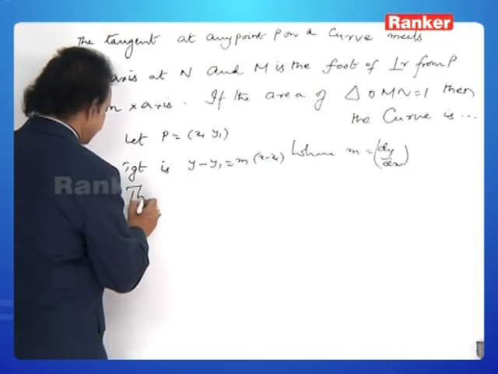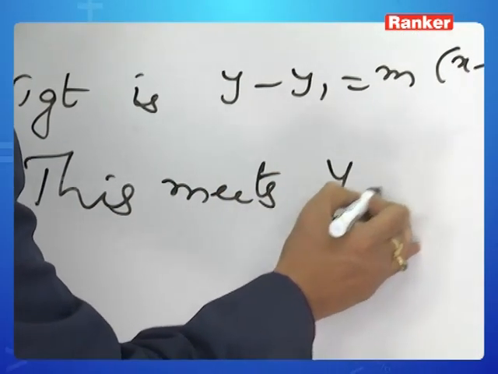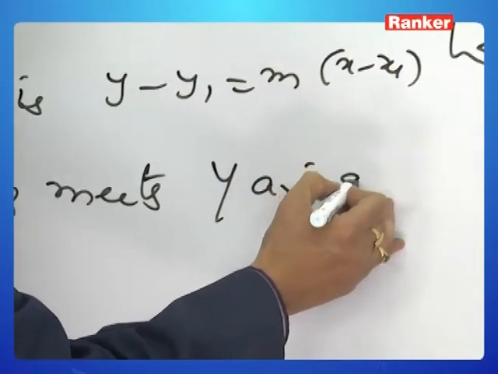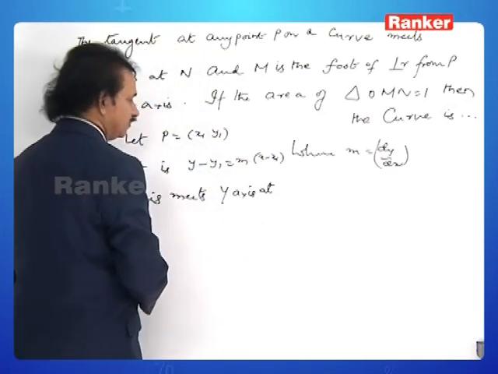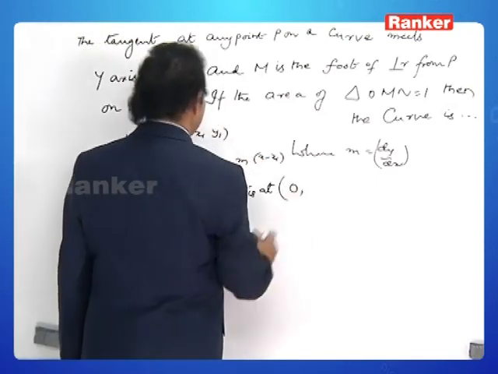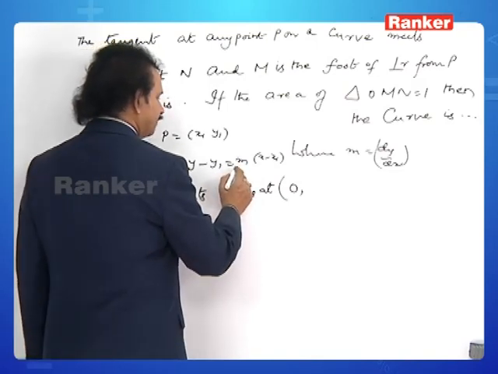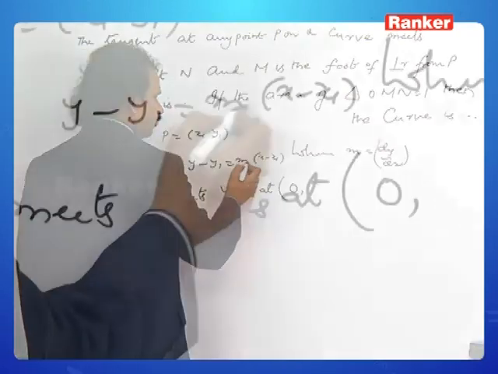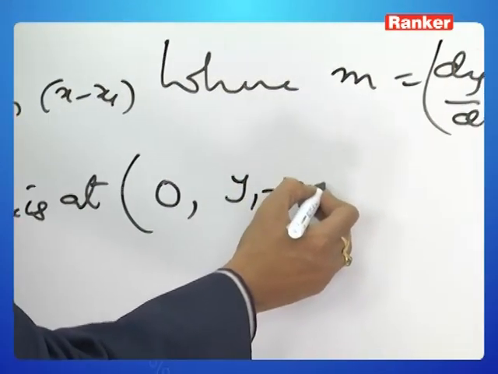This meets the y-axis at, you put x equal to 0. What is the value of y? It is y1 minus m x1.